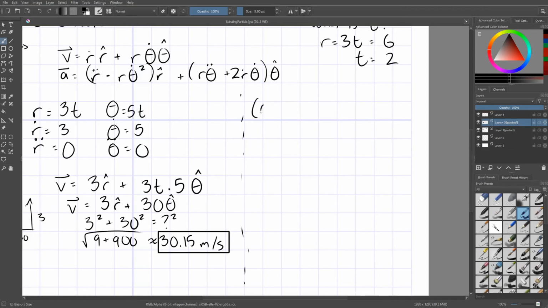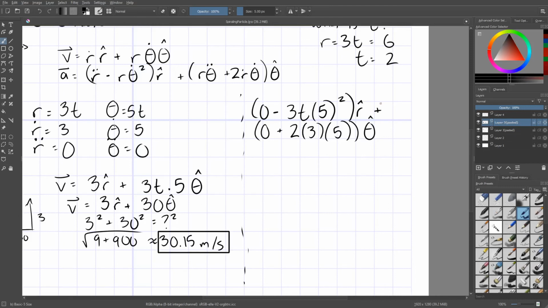So we have 0 minus 3t times 5 squared in the r hat direction, plus we have 3t times 0 plus 2 times 3 times 5 in the theta hat direction, right?